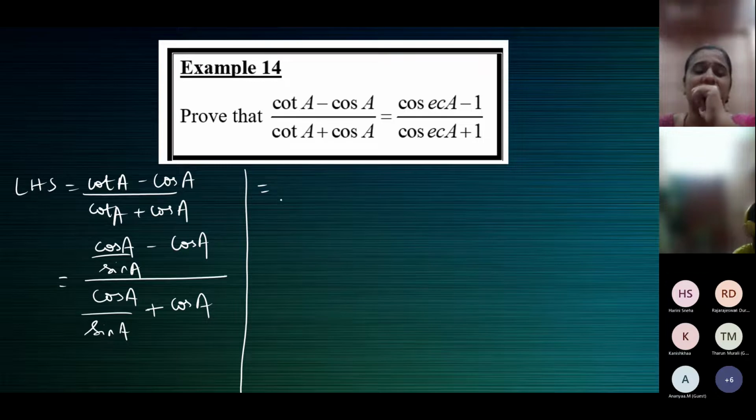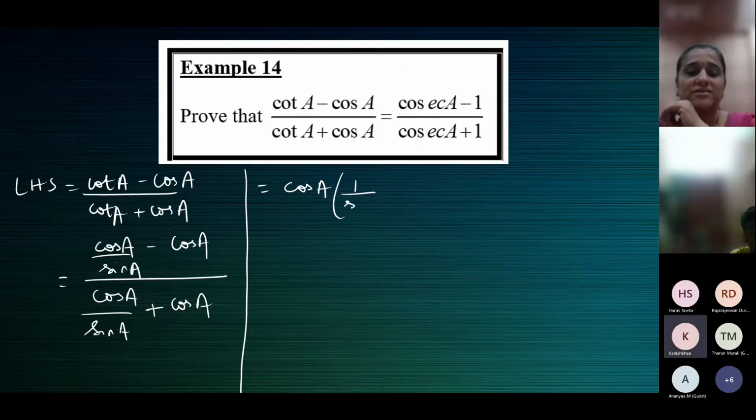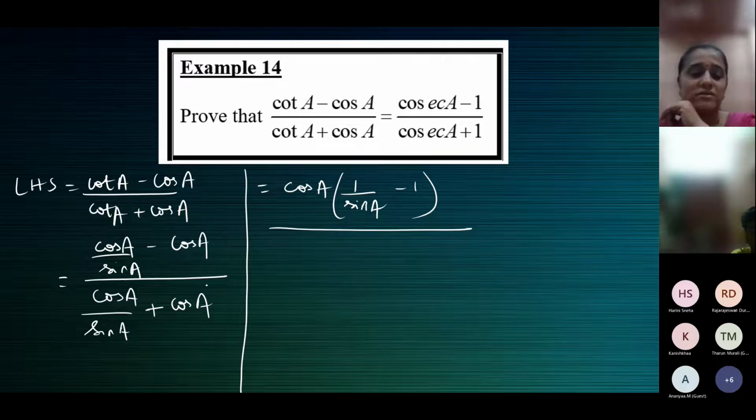In the numerator, is there anything common? Cos A. Take it out. Whenever there's something common, take it out. Cos A is common, take it out. So what is in the bracket? 1 by sin A minus 1. Very good.